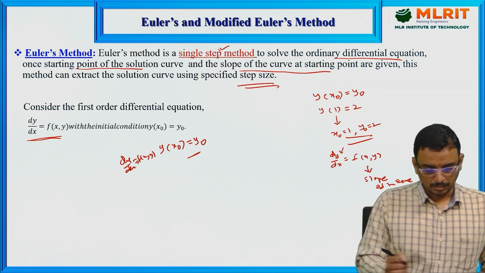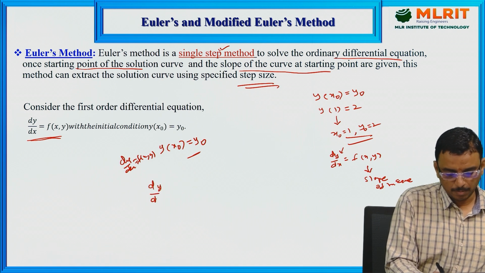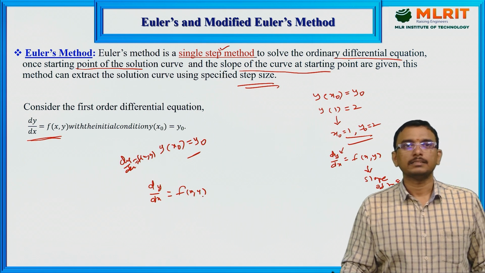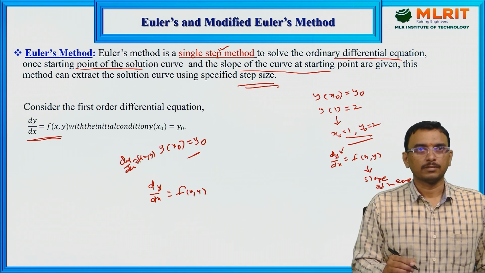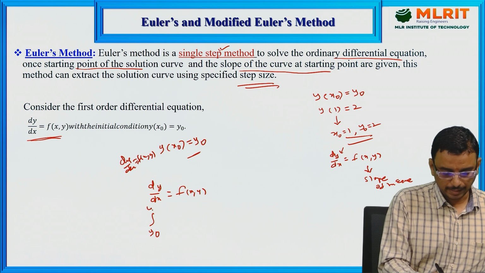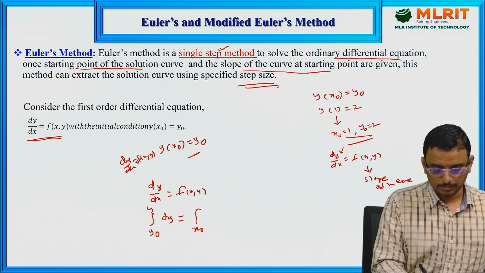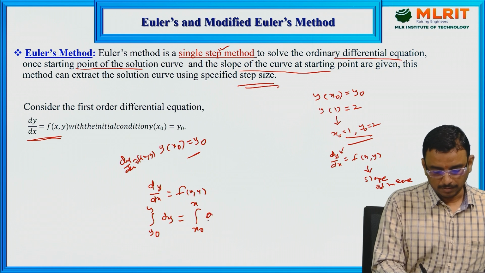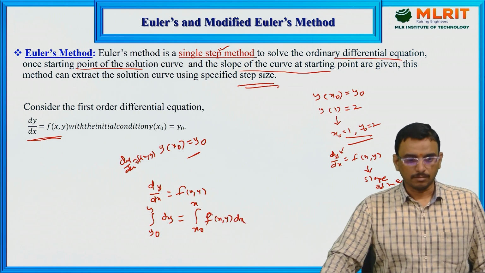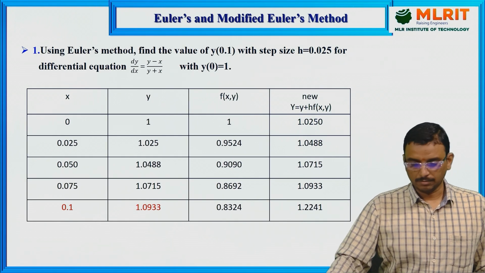Now consider the equation dy by dx equal to f of x comma y. Integrating this, we get the solution of Euler's method. I am integrating between the limits y naught to y, dy is equal to the integral from x naught to x of f of x comma y into dx.